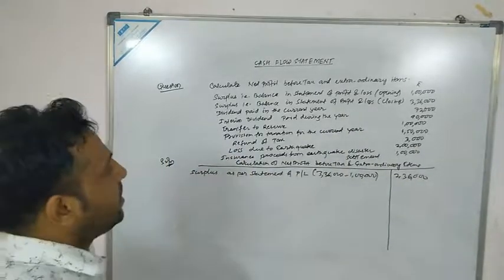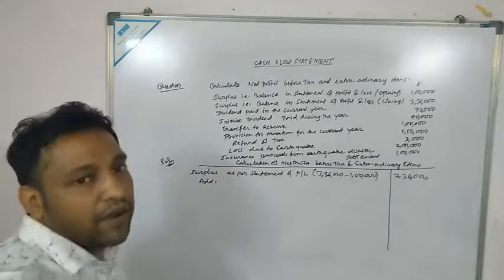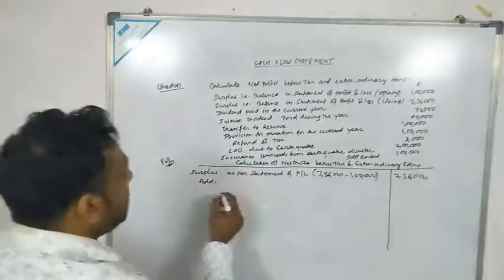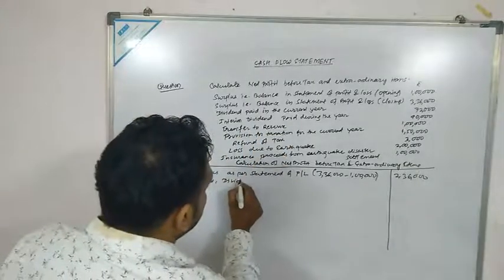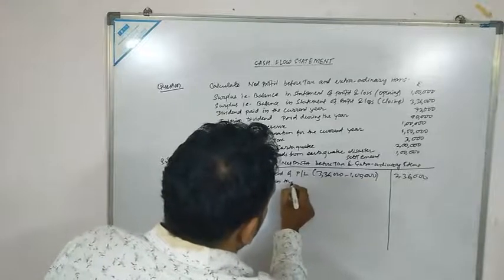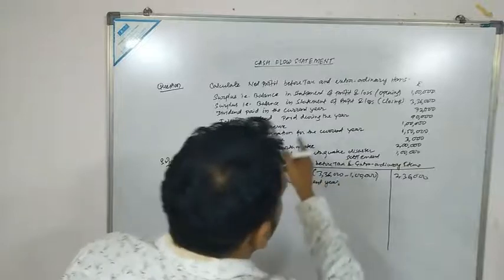Okay. So now we have to write the items of addition. So what are the items to be added? Dividend paid, either it is an interim or proposed dividend. Both dividends are to be added. So add dividend paid in the current year. How much is it?